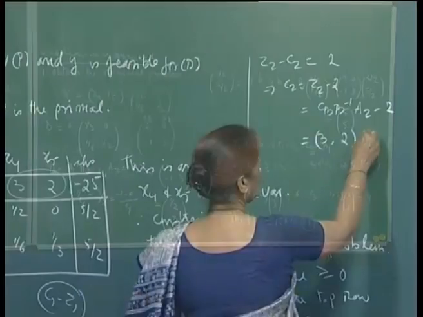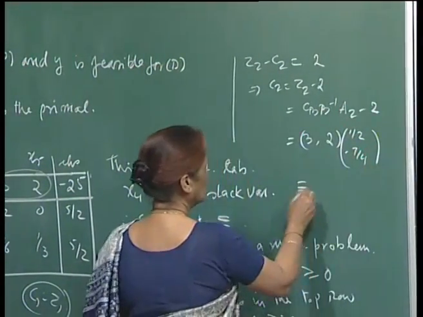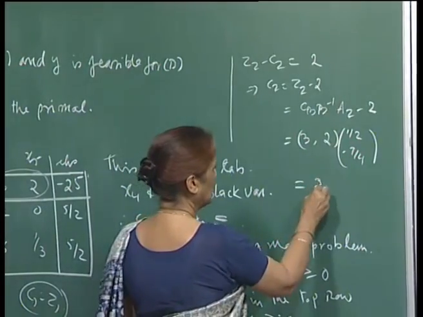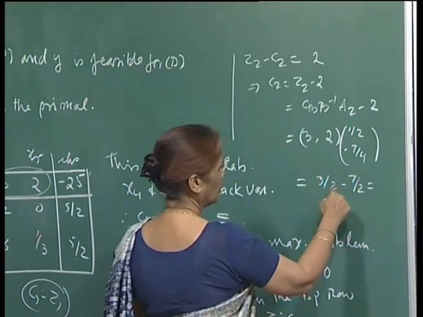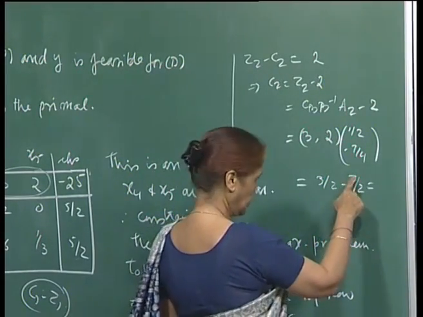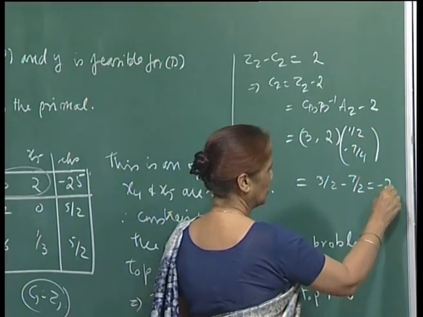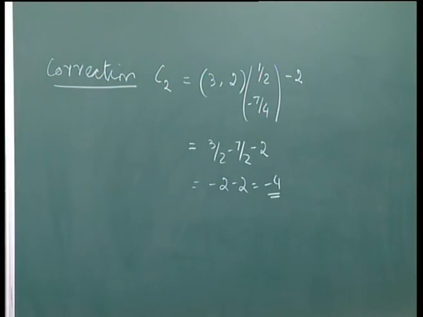So that gives you 3 by 2 minus 7 by 2, which is minus 4 divided by 2, so minus 2. A small correction: while computing C2, the minus 2 was left out. So please add that also, and the correct value of C2 will be minus 4.